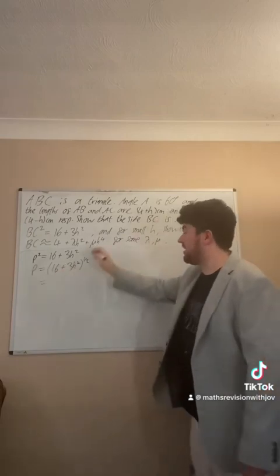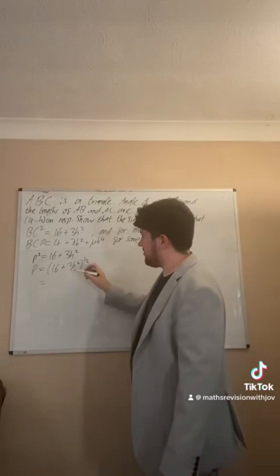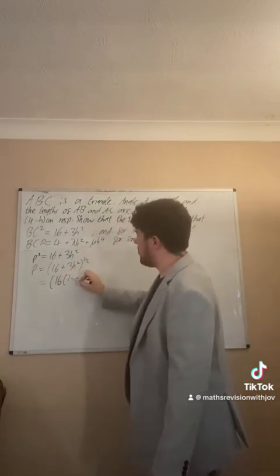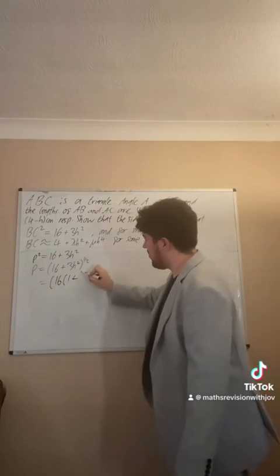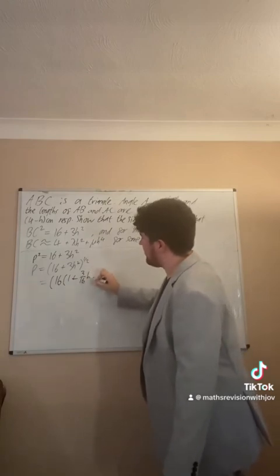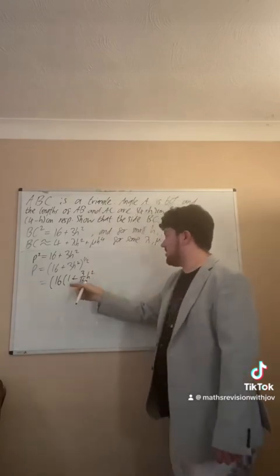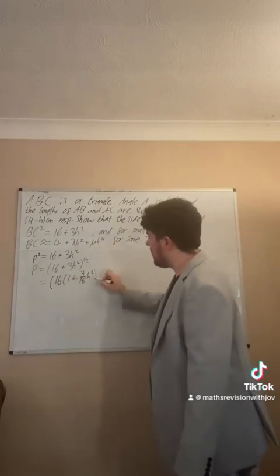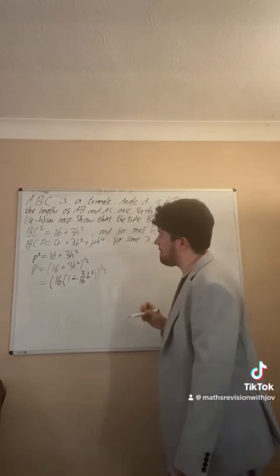We want to have a 1 in here. So we actually get that this is 16 lots of 1 plus 3 over 16 h squared, because we've got a 16 divided out here and then multiplied here, so we get this 3. And this is all to the power of a half, okay?